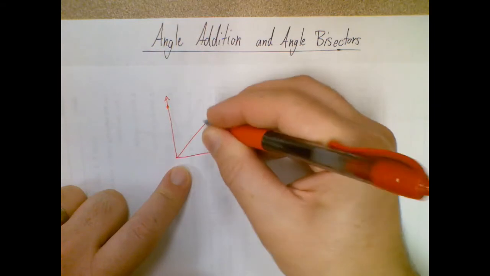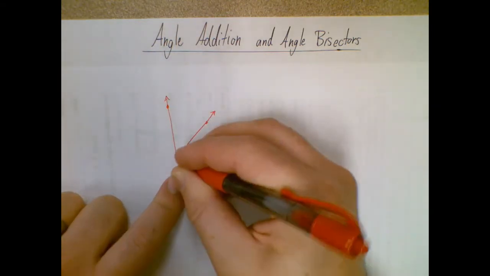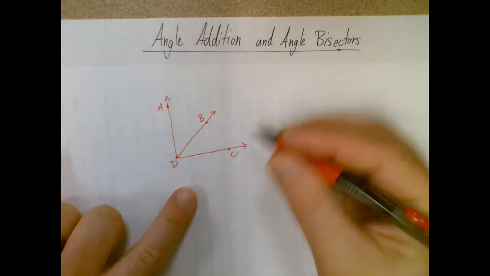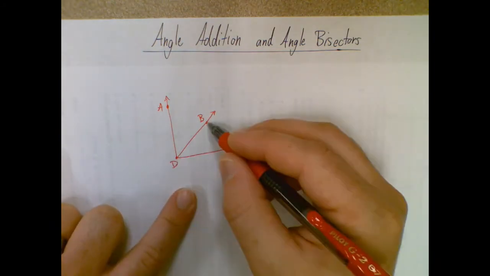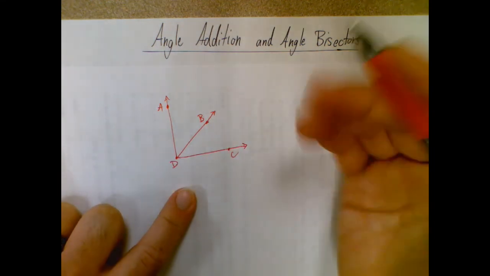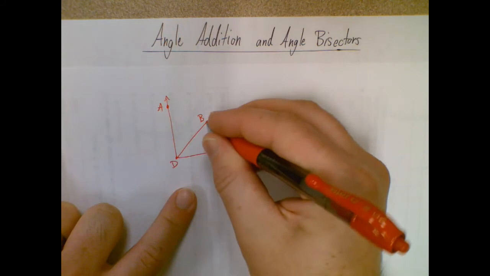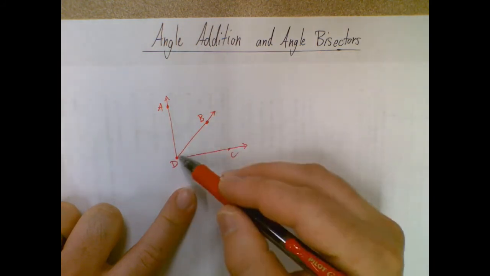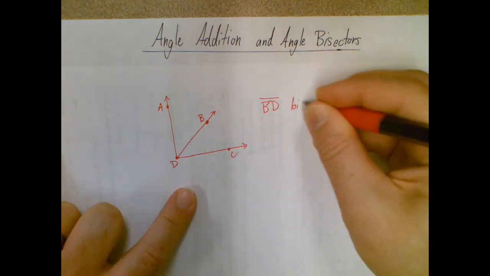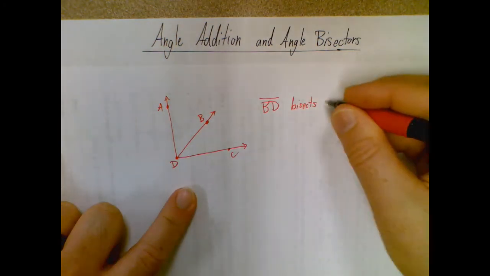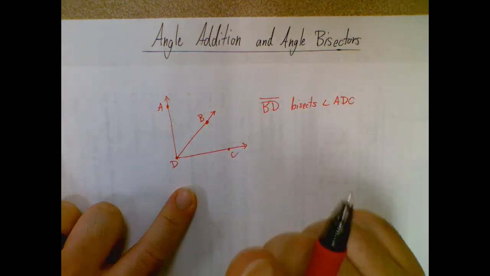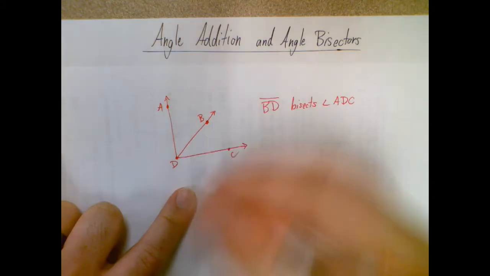So I could say that BD, which could be named as a ray or a line segment, since some people flip back and forth on that and it doesn't make a whole lot of difference, bisects angle ADC if these two are equal.